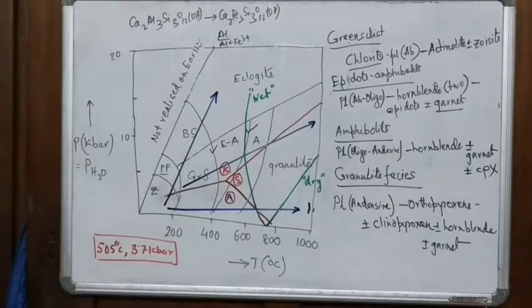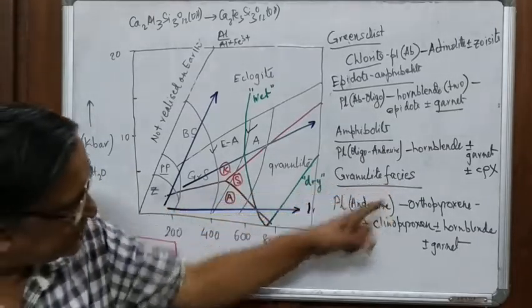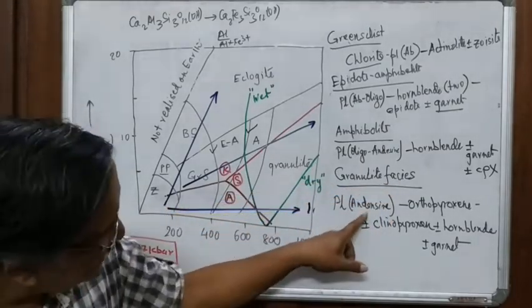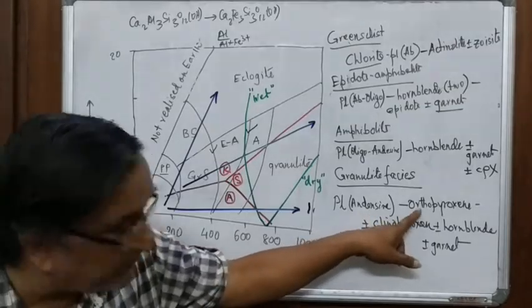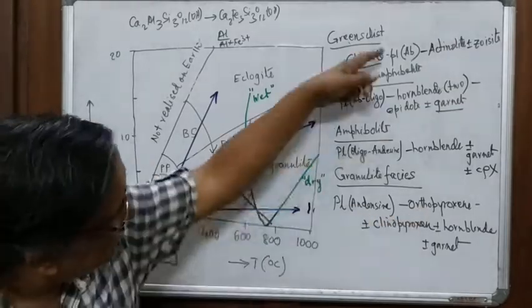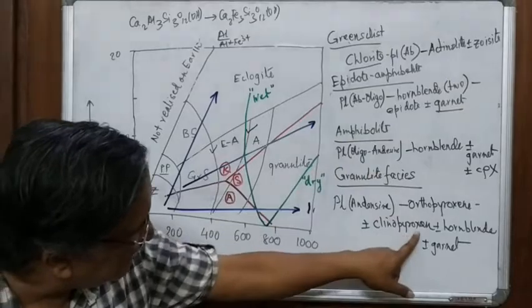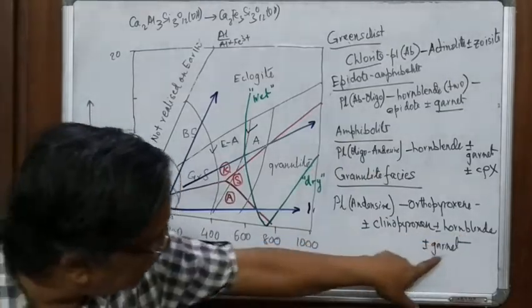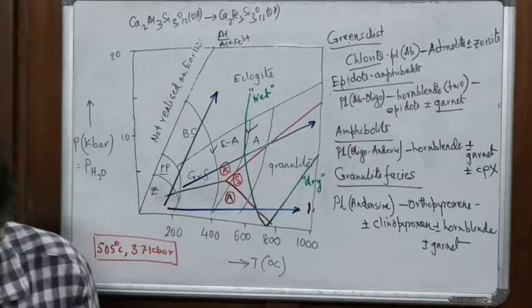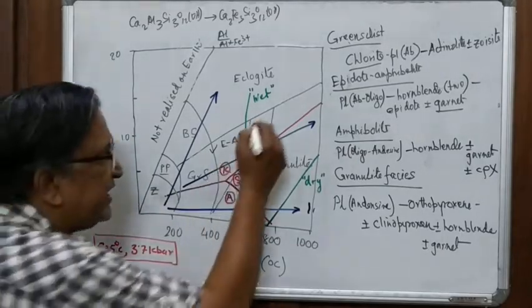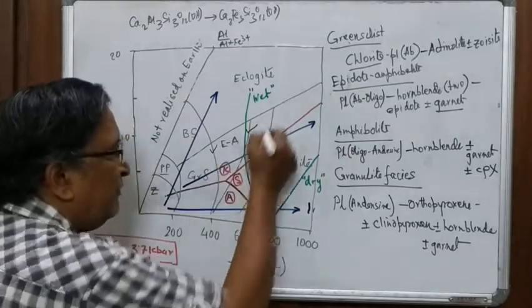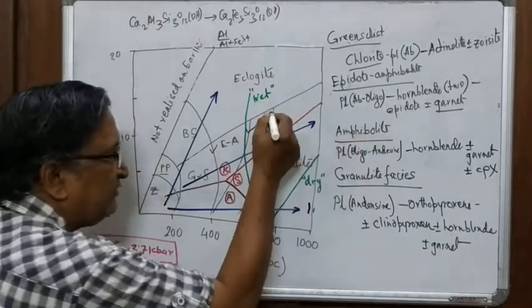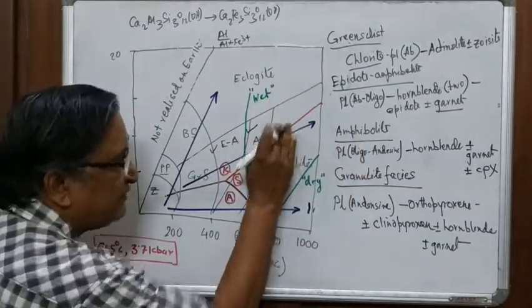So that's the assemblage of the granulite facies. Plagioclase, andesine in composition. Orthopyroxene is a very key mineral which does not appear here. Clinopyroxene could be present. Hornblende could be present. Plus minus garnet.